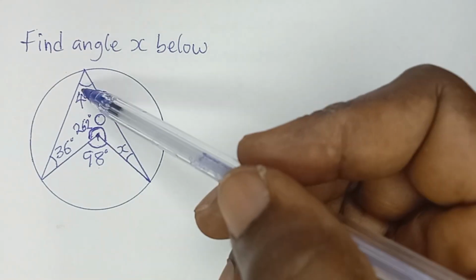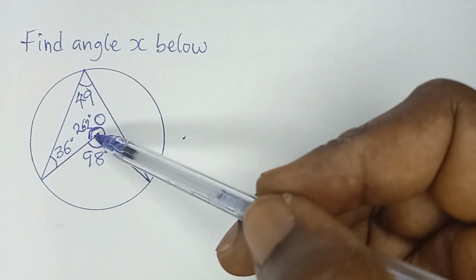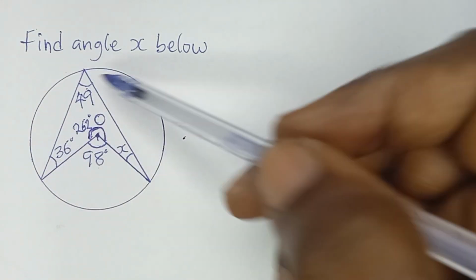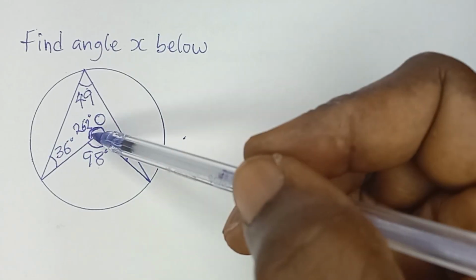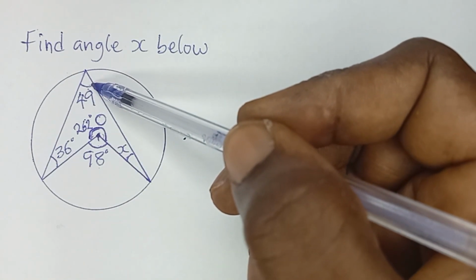Now, don't forget that this is a quadrilateral, a four-sided figure. 1, 2, 3, and then 4. So this is a four-sided figure. So that means all its 4 angles must add up to give us 360.